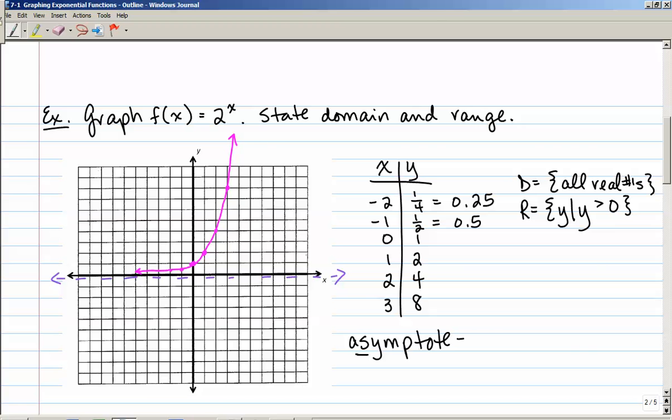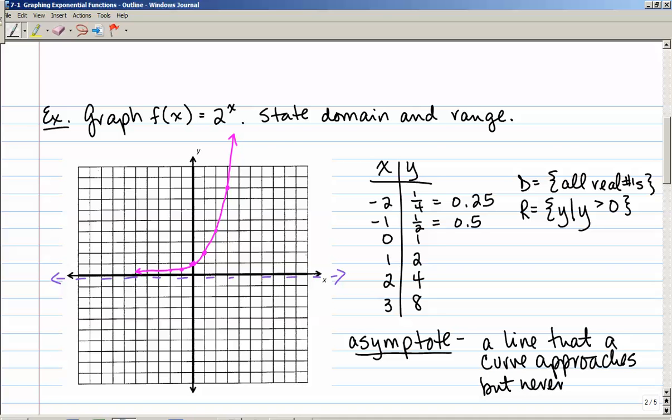An asymptote is a line that a curve approaches but never touches. And in this case, my asymptote is the x-axis, which actually is the line y equals 0.